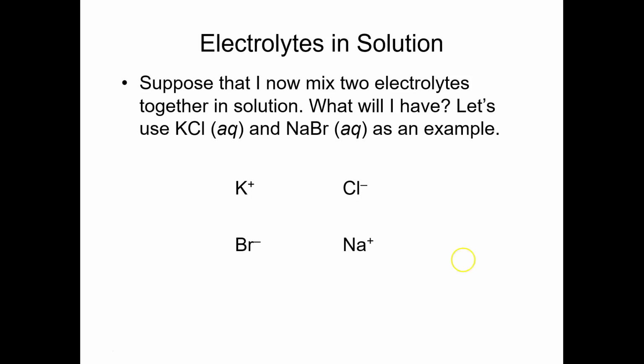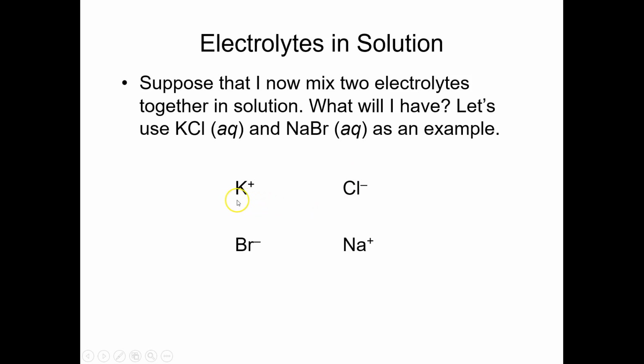Now you'll notice that what I actually have is just a collection of ions that are just kind of sitting around staring at each other. They arrived in the solution this way, that potassium was with chloride and sodium was with bromide. But I could just as easily now, because they're all just collected in aqueous solution together, say that I've got potassium bromide and sodium chloride.